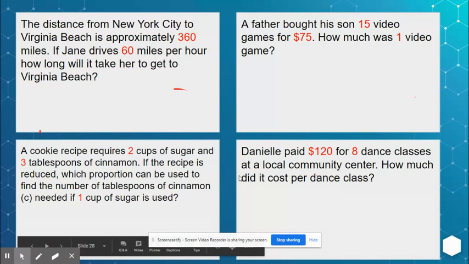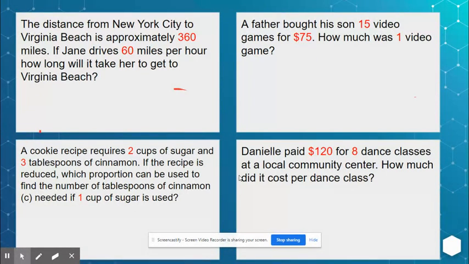All right, here's some practice problems. I'm going to have you practice with a partner or individually, just depending how much time we have in class. So you will practice using a table and solving these problems.